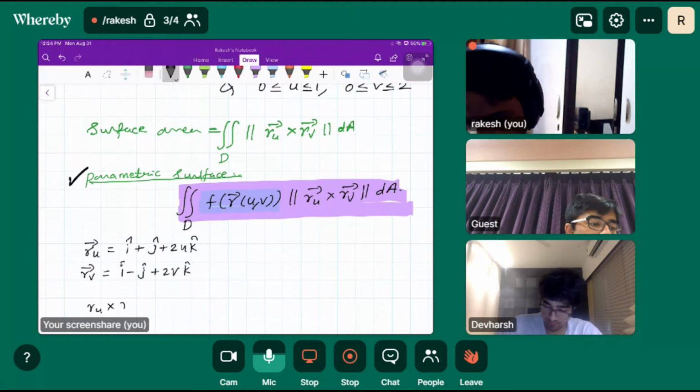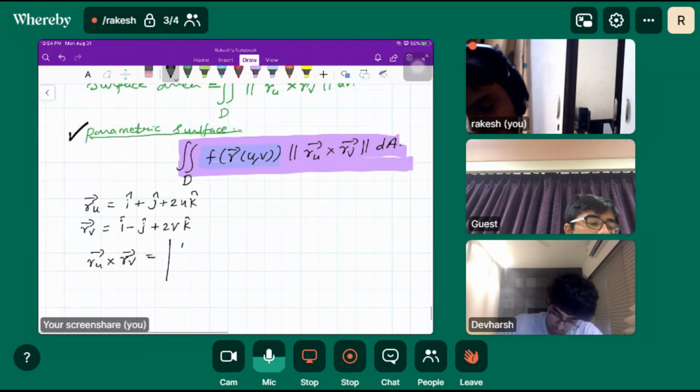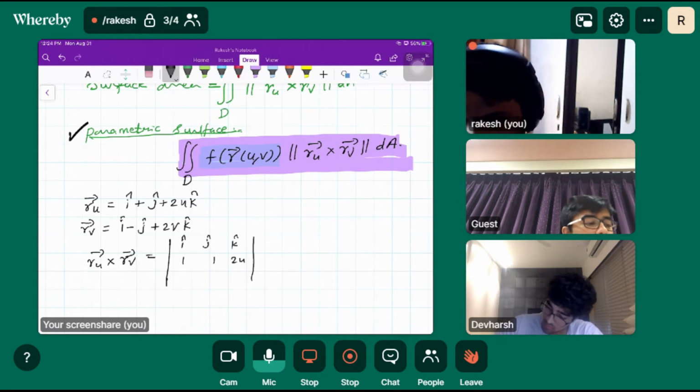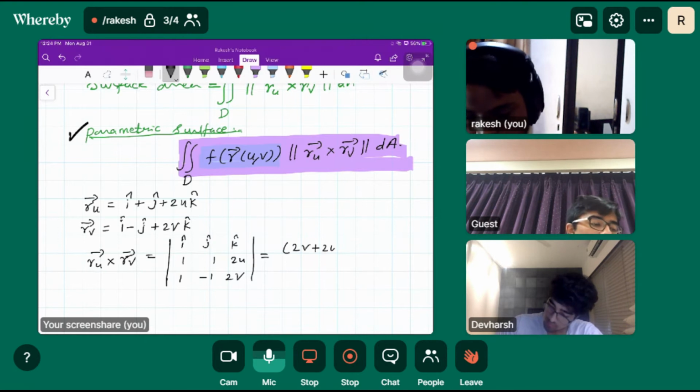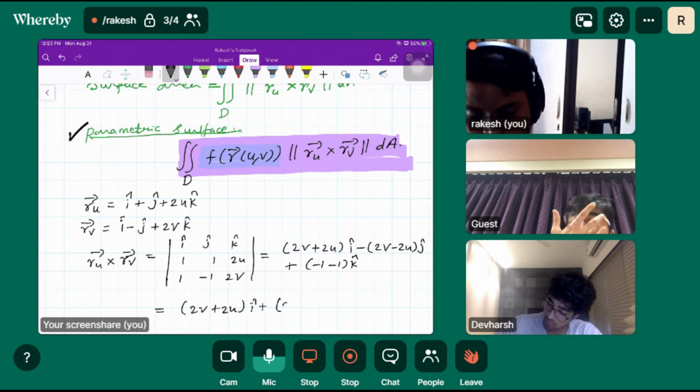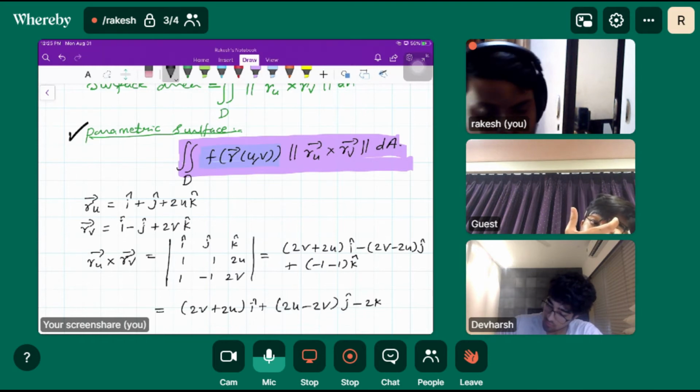Now we'll find the cross product of i cap, j cap, k cap; 1, 1, 2u; 1, minus 1, 2v. So (2v plus 2u) i cap minus (2v minus 2u) j cap plus minus 2 k cap, which corresponds to (2v plus 2u) i cap plus (2u minus 2v) j cap minus 2k cap.